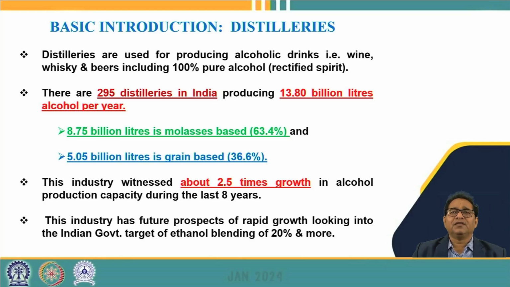So if we see their growth pattern, we find that at present there are around 295 distilleries in India which are producing about 13.8 billion liters of alcohol per year. Out of this, more than 63.4% of alcohol is produced from the fermentation of molasses, whereas the rest, 5.05 billion liters, is produced by the fermentation of grain-based feed, and it contributes around 36.6%.